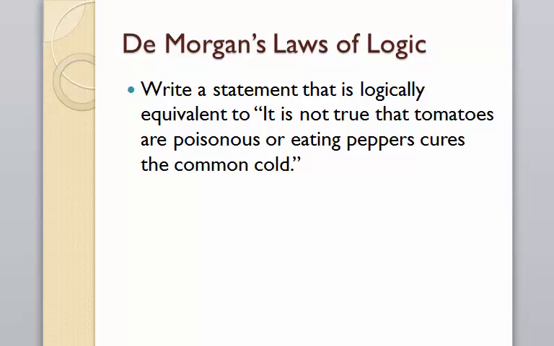So let's assign letters to these two events. Let's let P be that tomatoes are poisonous. And we're going to let Q be that eating peppers cures the common cold.